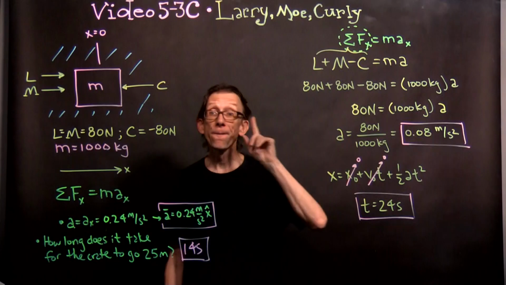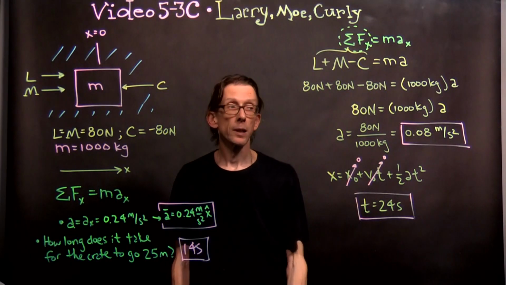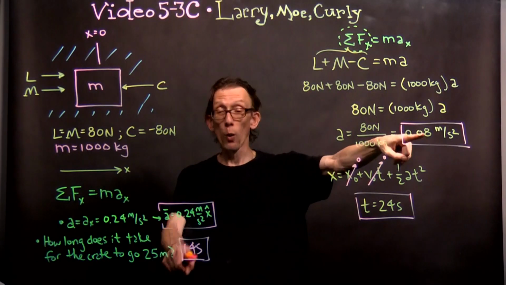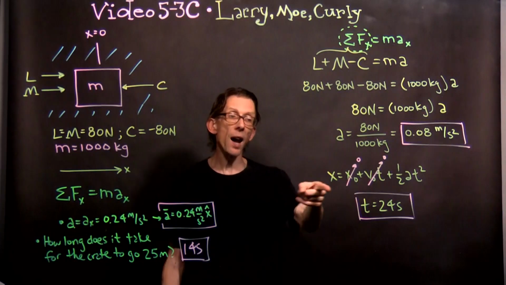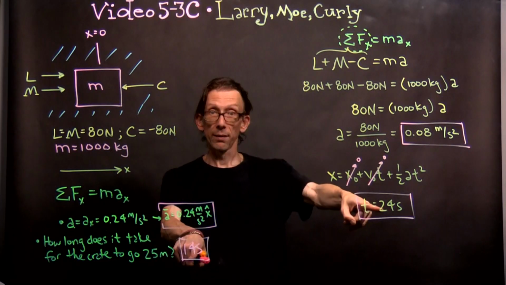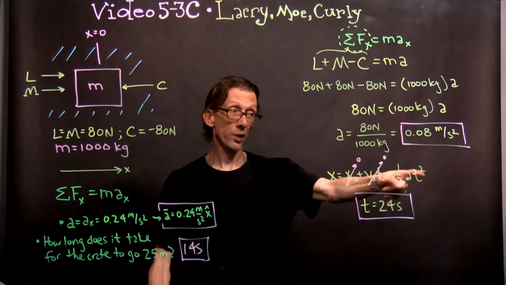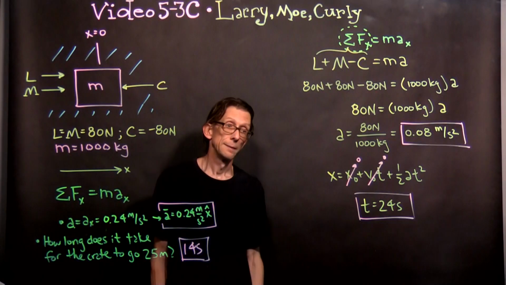So notice the force in this case was 1/3 of the previous force. The acceleration is 1/3, right? Because 0.08 is 1/3 of 0.24, but the time is not larger by a factor of 3. It's because of this square root. I mean, it's because of this square business right there.